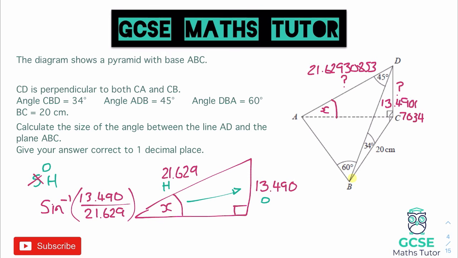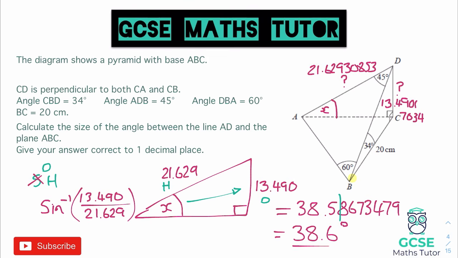Close the bracket, press equals, and I get 38.58673479. Don't need to write down all the decimals there because it does say it wants my answer to one decimal place, so I'll chop it after the 5, and my final answer will be 38.6. It was asking for an angle, so that's degrees. So my final answer is 38.6 degrees, and that's the final answer for that question.